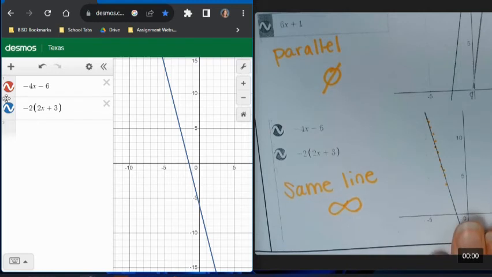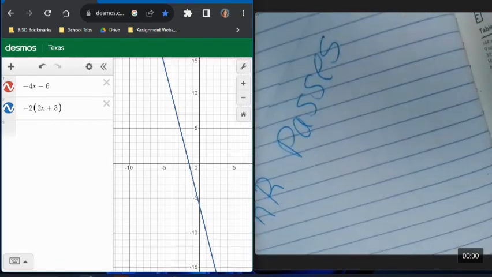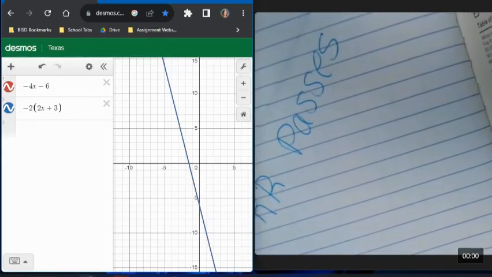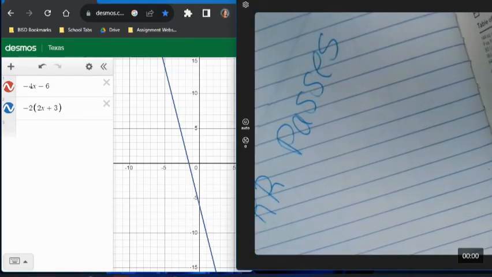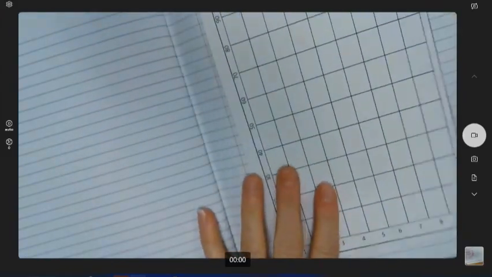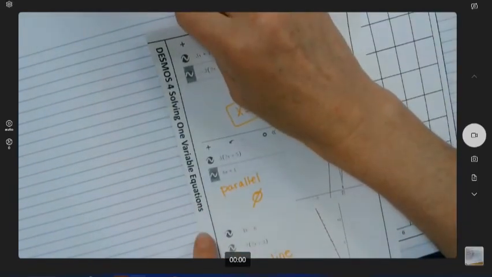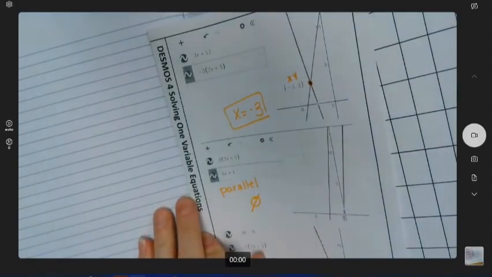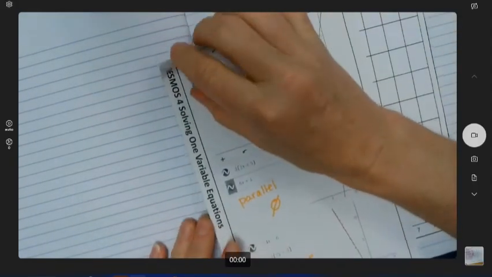We are going to put this in our journal. The way we are going to put it in our journal is we are going to go to the back of our journal. And at the back, we have our test tracker here. And all of these Desmos activities are going to go in the back so that they're easy to find.